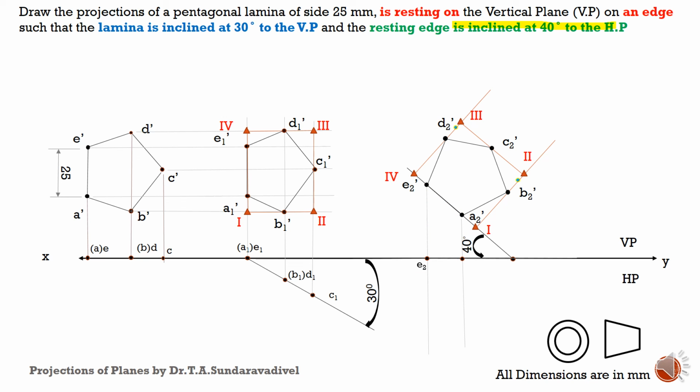Similarly, we have to get the other points. B1, D1 lines join to form D2, B2. C1 and C2, I am joining so that I will get C2. So if I join all the points, I will get the final top view.